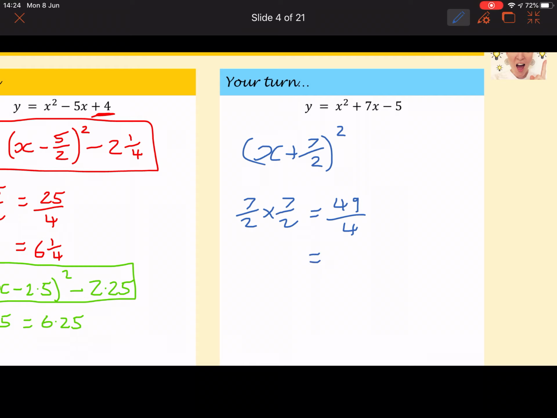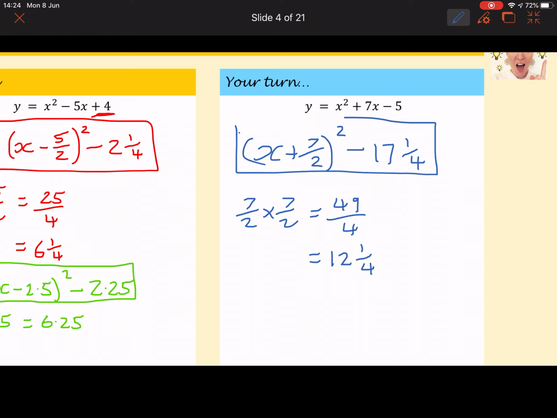So let's make this a mixed number. We've got 12 and a quarter, because 48 is 12 lots of 4. So how do we get from 12 and a quarter down to minus 5? We take away 17 and a quarter. And that's our final answer.